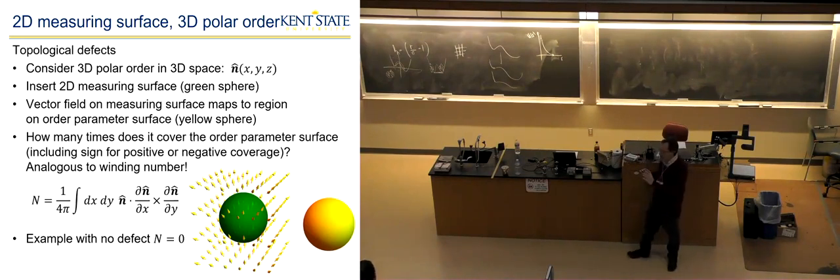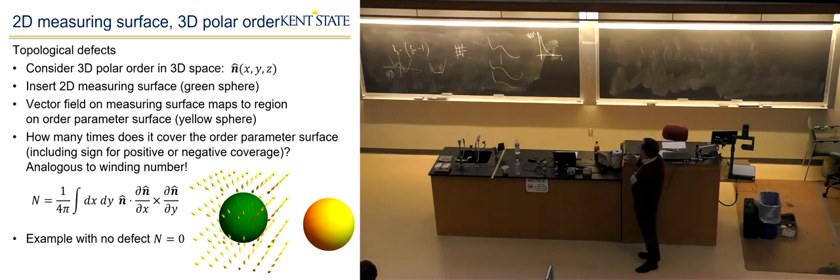I want to say what's the director at every point on this green sphere. At every point, that maps onto some point in director space. The yellow sphere is the set of all possible unit vectors. So if I look at this point, that maps onto a point like this. If I look at this point, it maps onto a point like that.